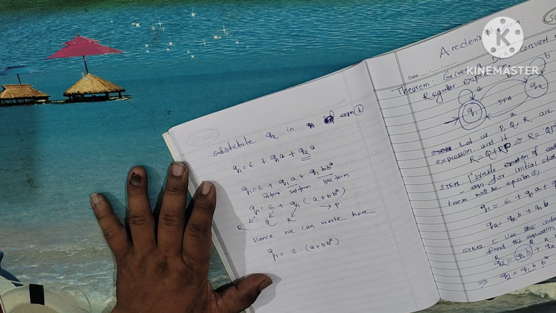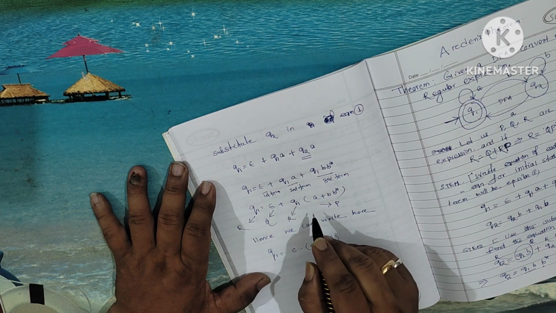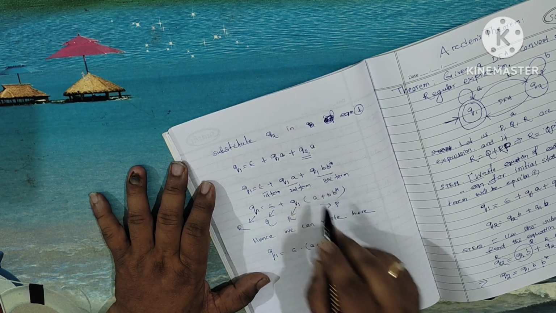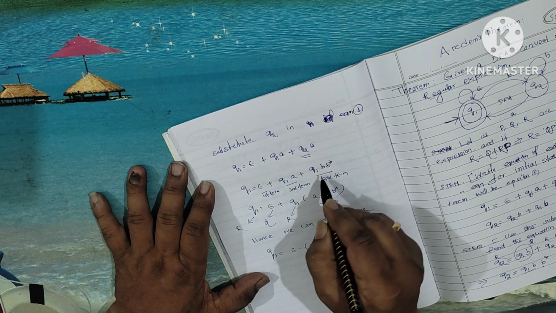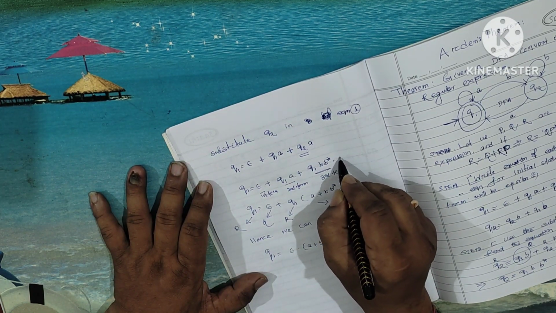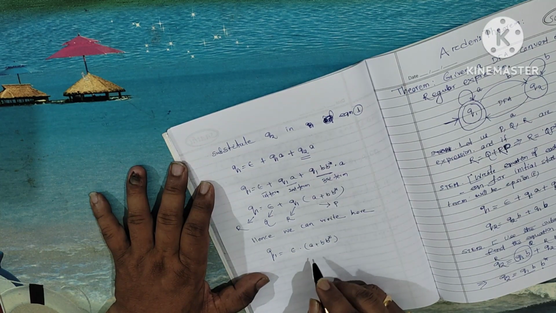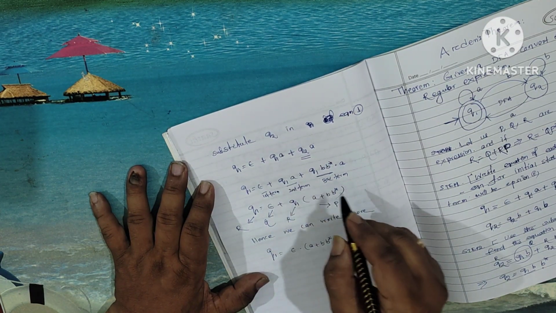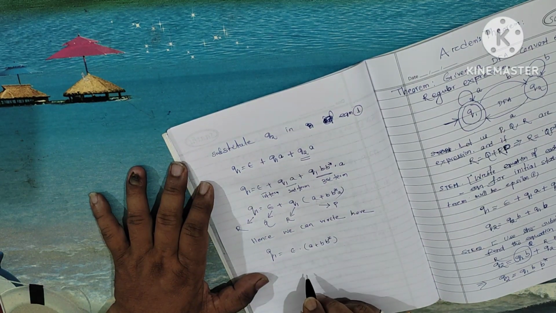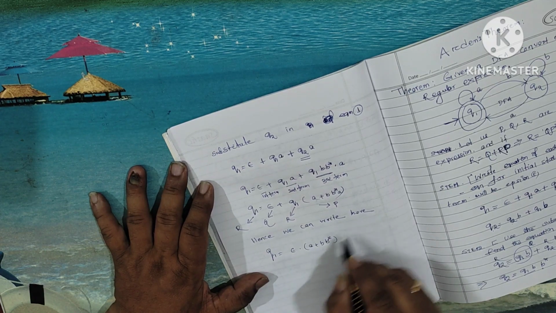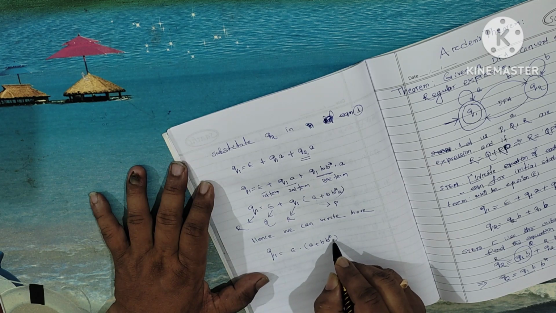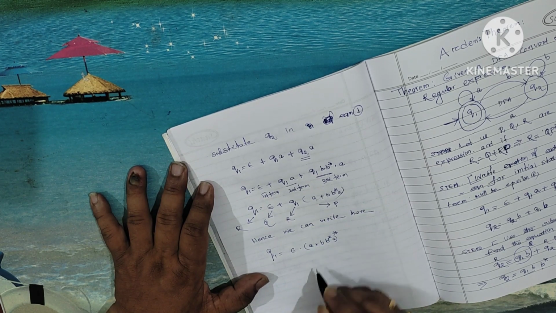Look at what I did here: I substituted Q2 with Q1 B star, but we are also forgetting that there is also an A. So when you take Q1 common, it is A plus B star A. Hence Q1 is equal to epsilon (A plus B star A) whole star.